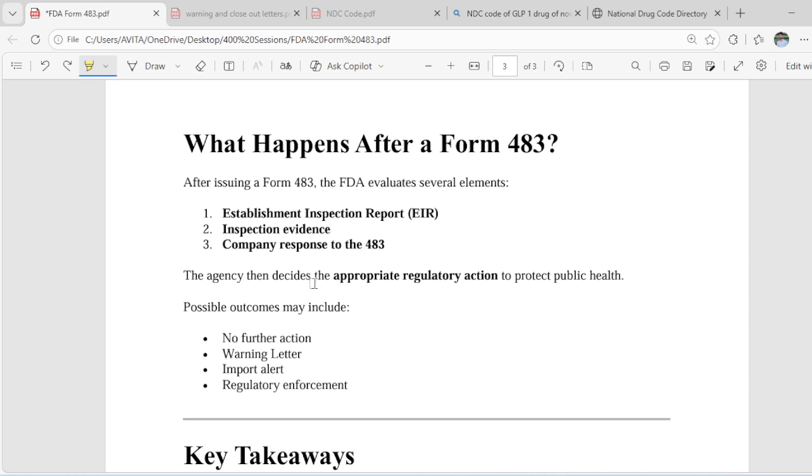The agency then decides the appropriate regulatory action to protect public health. The possible outcomes could be no further action if they have resolved all those observations, a warning letter if those discrepancies still persist, an import alert, or this may lead to regulatory enforcement.